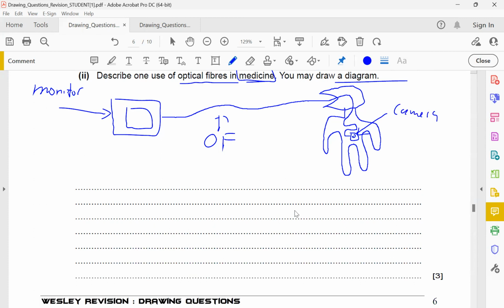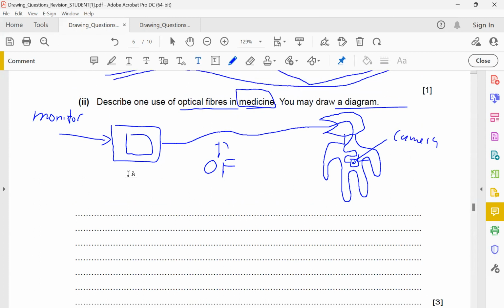Now after that, the next part is the description already, right? Which you're going to say something like endoscopes in medicine to view internal organs.